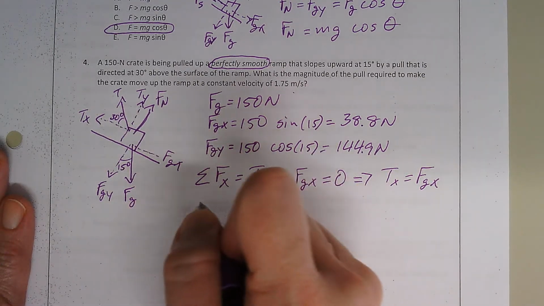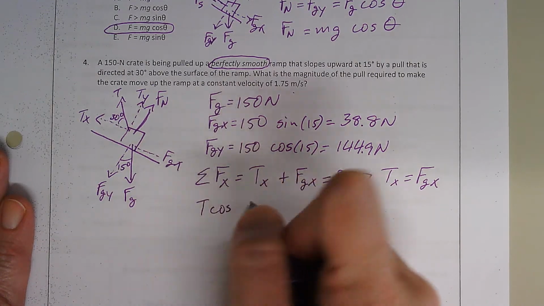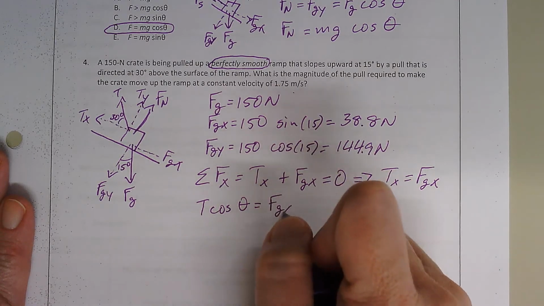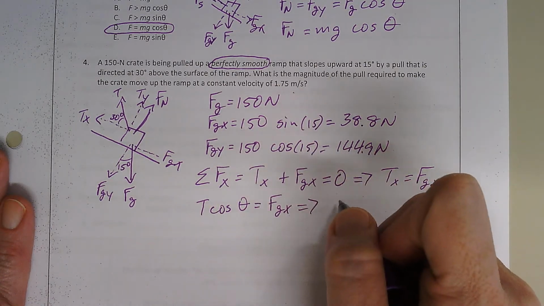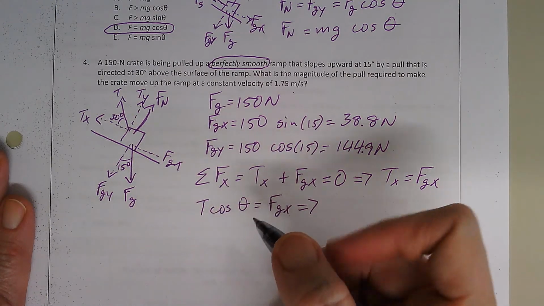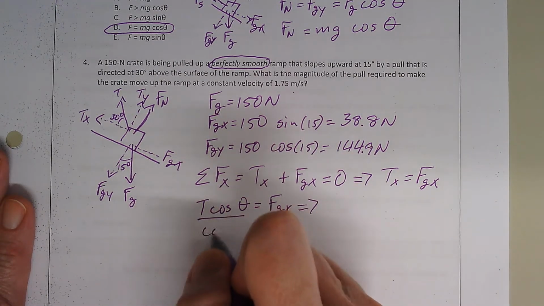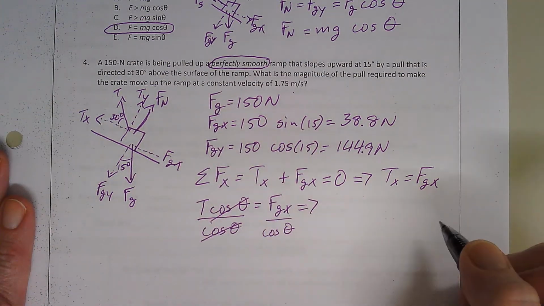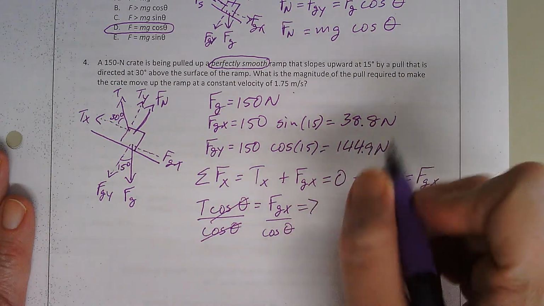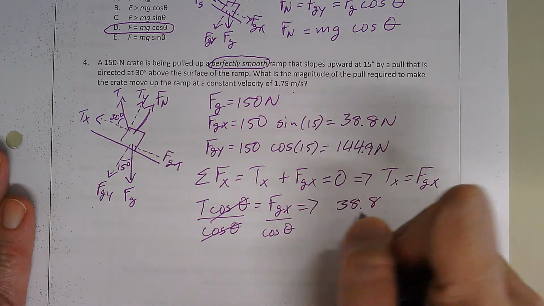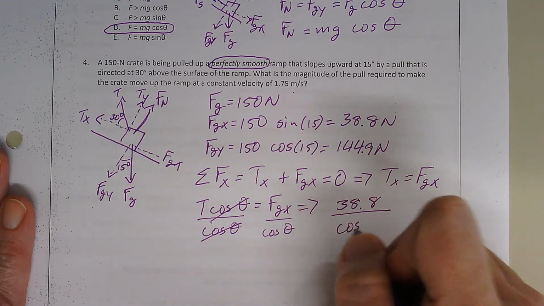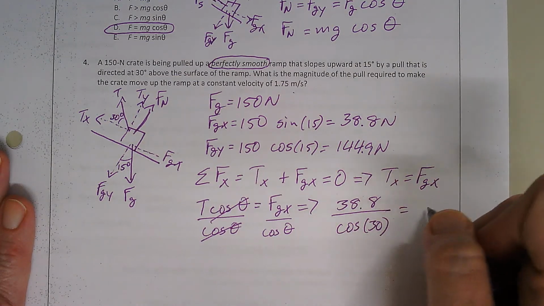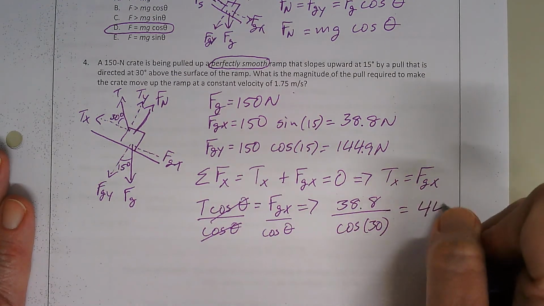So my Tx is T cosine theta equals my Fgx. I don't know my T, I'm looking for my T. So I'm just going to divide both sides by cosine theta, and that should get me my T. So 38.8 divided by cosine of 30, and you get 44.8 newtons.